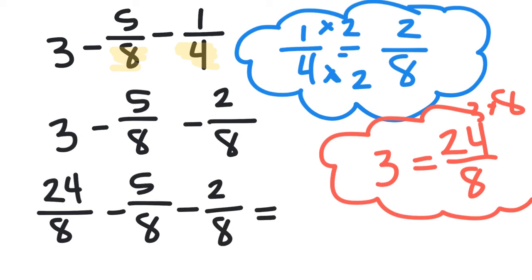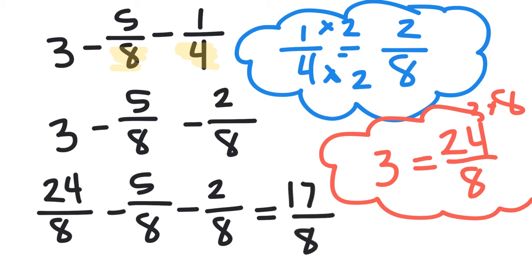Now that I have 3 fractions and they all have common denominators, I can finally subtract. 24 minus 5: 24, 23, 22, 21, 20, 19, minus 2 more, 19, 18, 17 would get me 17 eighths.